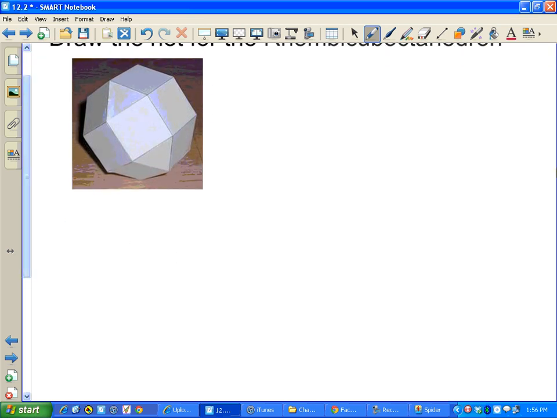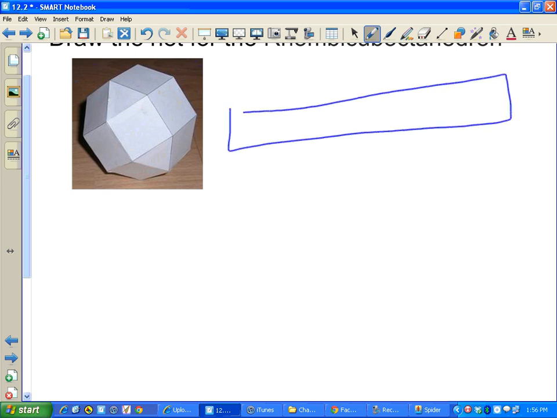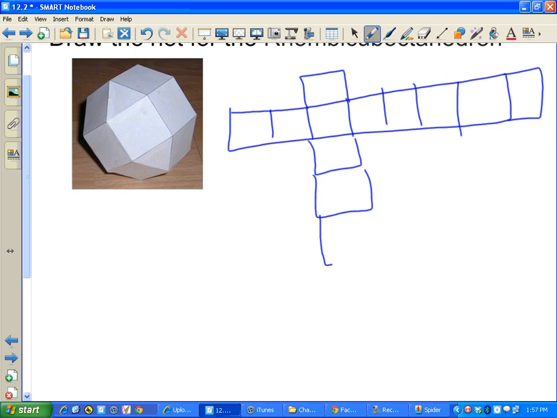So I've got 8 squares going this way. 1, 2, 3, 4, 5, 6, 7, 8. And we have 8 going the other way. But this one will count for 1, 2, 3, 4, 5, 6, 7, 8.